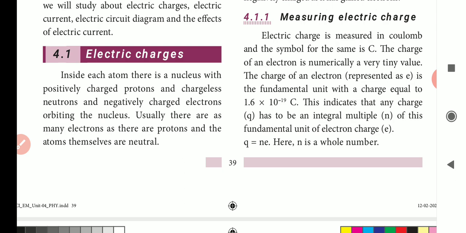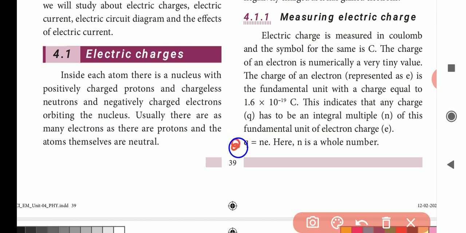Inside each atom there is a nucleus with positively charged protons and chargeless neutrons, and negatively charged electrons orbiting the nucleus. What you have to know about that?